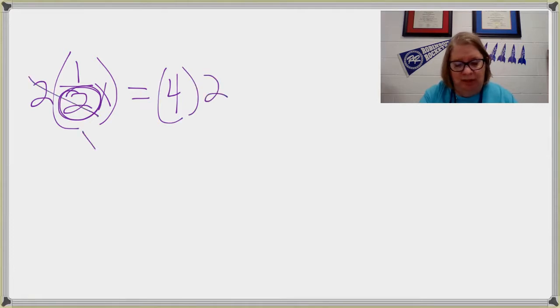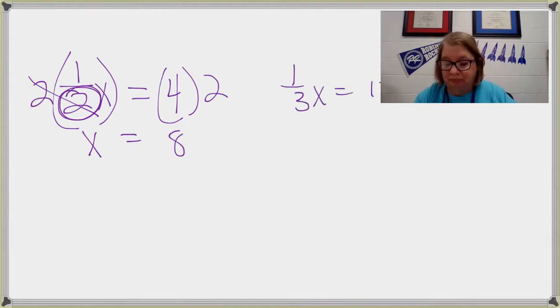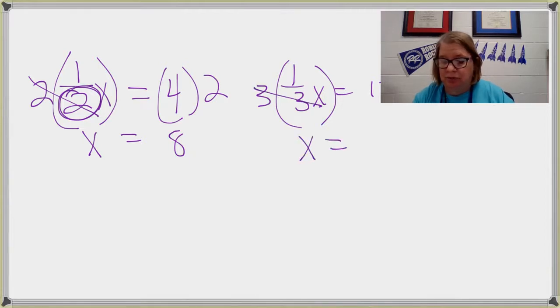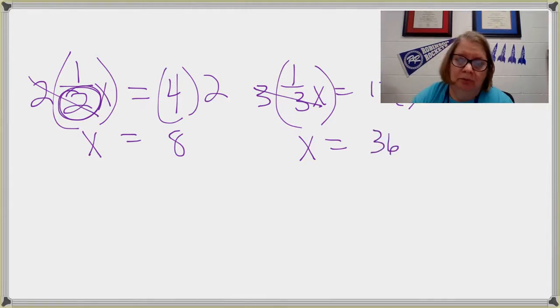Because that makes these cancel out and gets rid of the fraction. If I had 1/3 x equals 12, to get rid of that fraction, I would multiply by that denominator. Because when I multiply that 3, that cancels out, and I have x equals 36, because what you do to one side, you got to do the other.